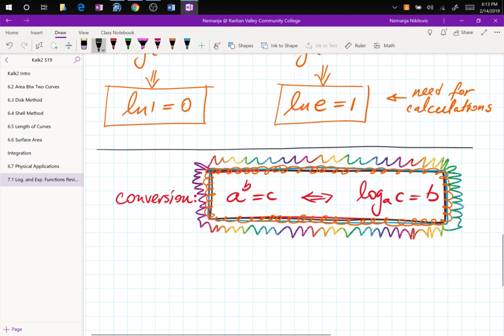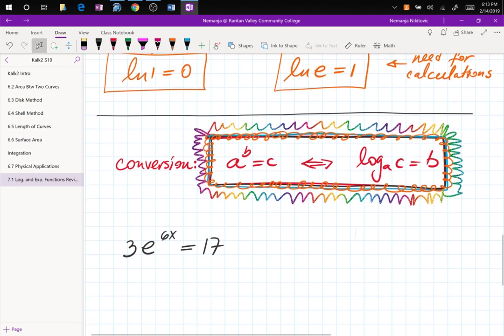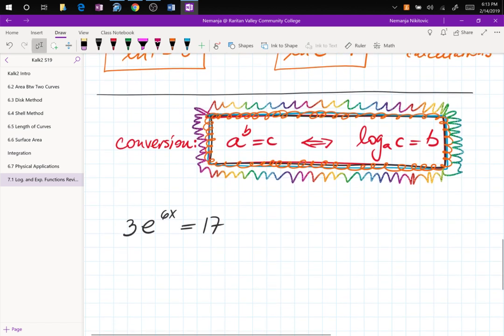An example. First, just mathematical gymnastics. No meaning to this, just a pile of numbers. Nonsense, right? So 3e to the 6x is equal to 17. So we are supposed to solve this.